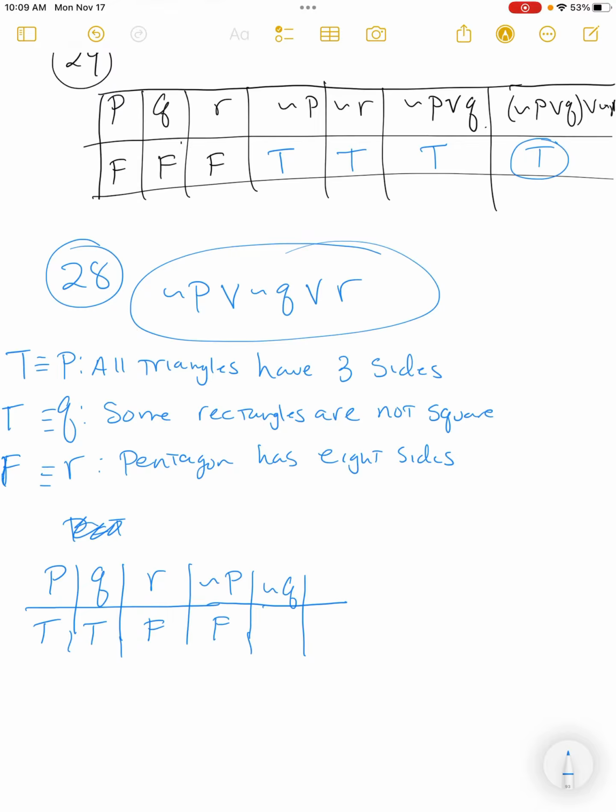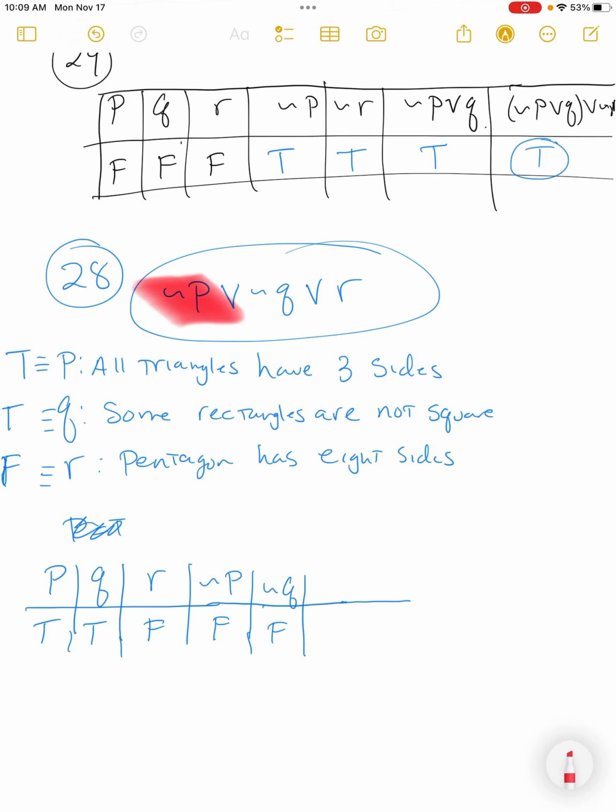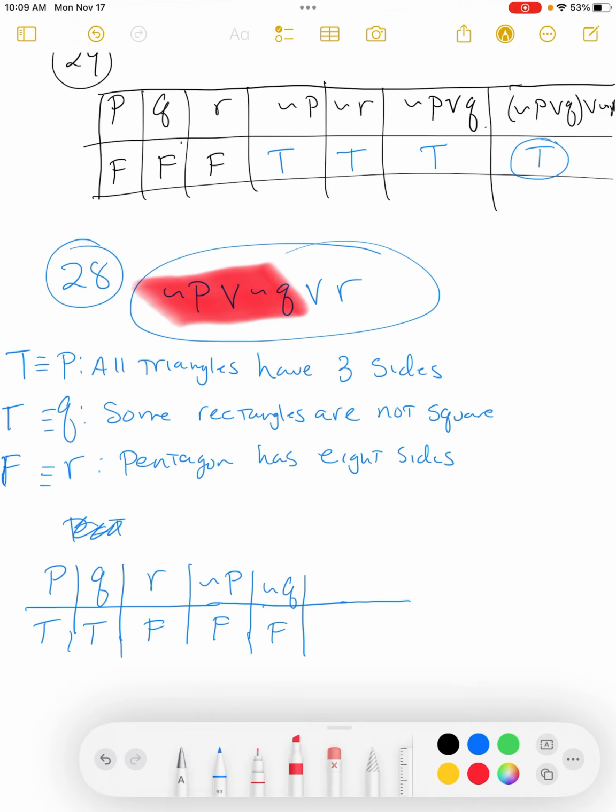If P is true, then the negation of P is false. If Q is true, then the negation of Q is false. Okay. And then what's next? It's going to have to be in red because it won't let me change the colors. I've got to do that first or.